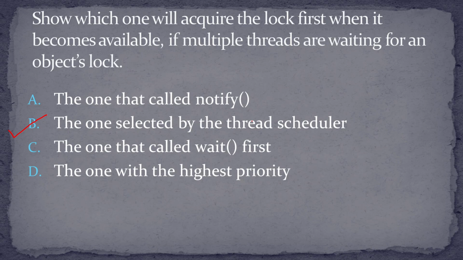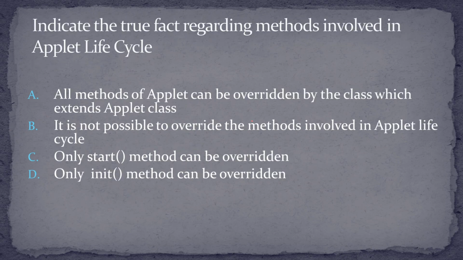So let's move on to our next question. Okay, so what's the next question? It asks the true fact regarding applet life cycle. Just check once and try to answer. It is: all methods of applet can be overridden by the class which extends applet class.